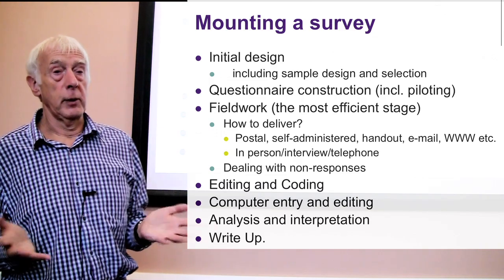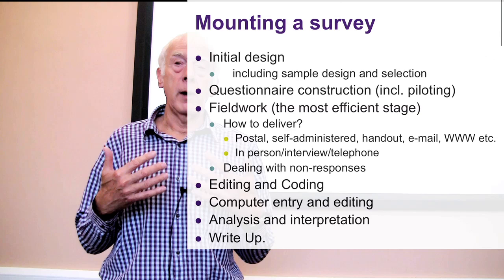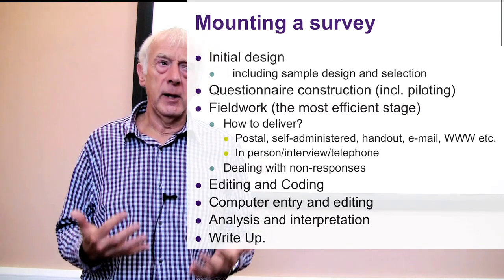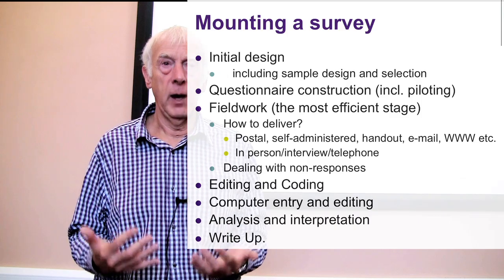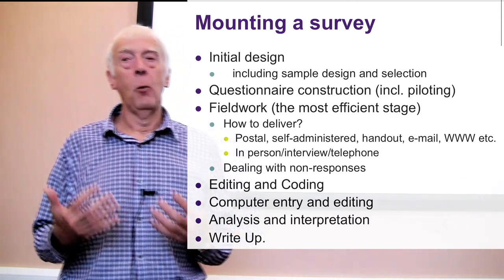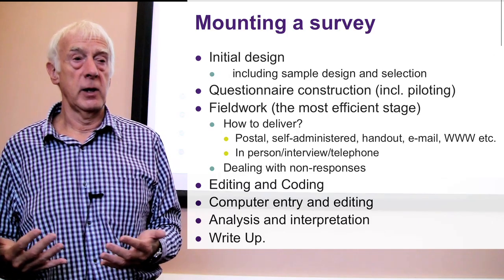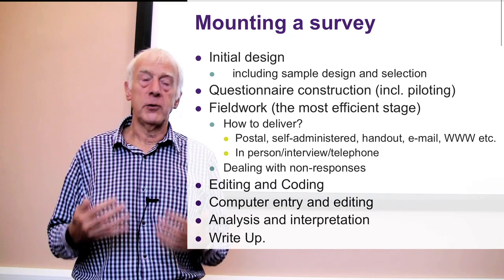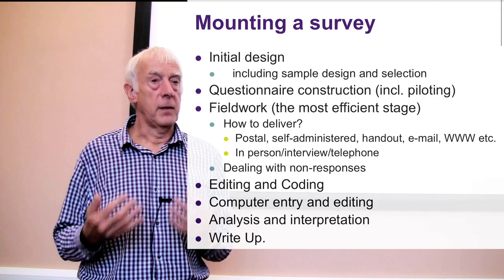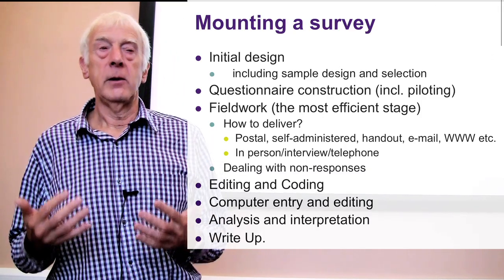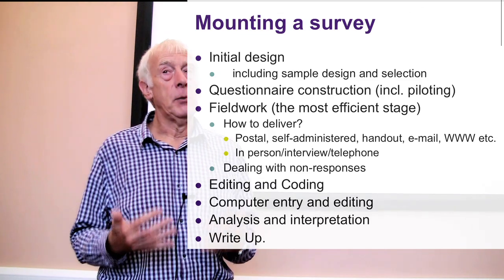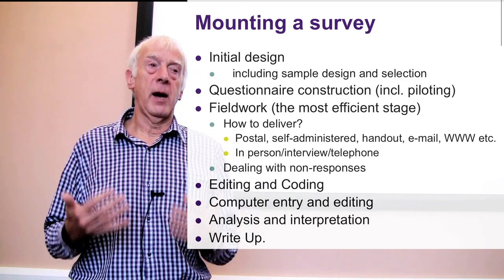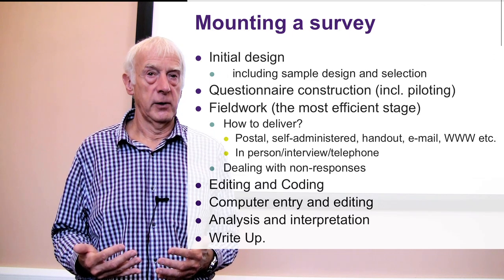So you start, of course, with your initial design. And I think an important point here to bear in mind, if you are doing it yourself, a mistake that people often make when doing surveys and designing questionnaires is they start thinking of questions to write on the questionnaire. And that's not a good idea. You need to do that at some stage, but right at the beginning, think about the research questions you want answered.